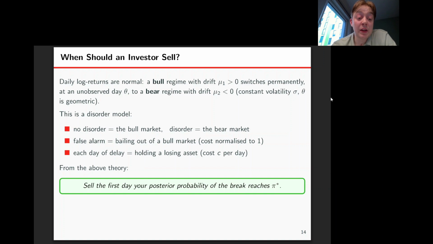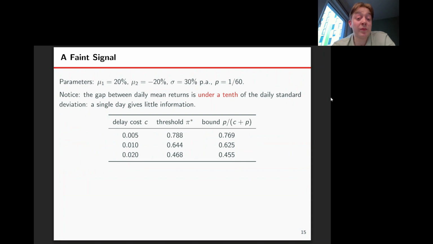From the above theory, we've been told that we should sell on the first day your posterior probability of the break reaches pi star. Now, using some numbers and performing a similar analysis to what we did above, if we set mu1 to about 20%, mu2 to negative 20%, and our annualized volatility to 30% with a geometric prior of 1 over 60, we notice, even though these seem quite intuitive values to plug in, that the gap between daily mean returns is under 1/10 of the daily standard deviation.